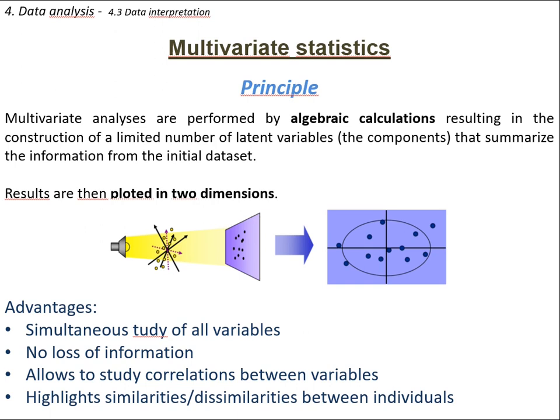And the result is then plotted in 2 dimensions or 3 dimensions, it depends, on the principal components, or the calculated components, rather than a projection of the variables themselves. The advantage is that you can study simultaneously many variables or even all of them. You don't lose any information at first, and it allows you to study correlation between variables and to highlight similarities and dissimilarities between individuals.